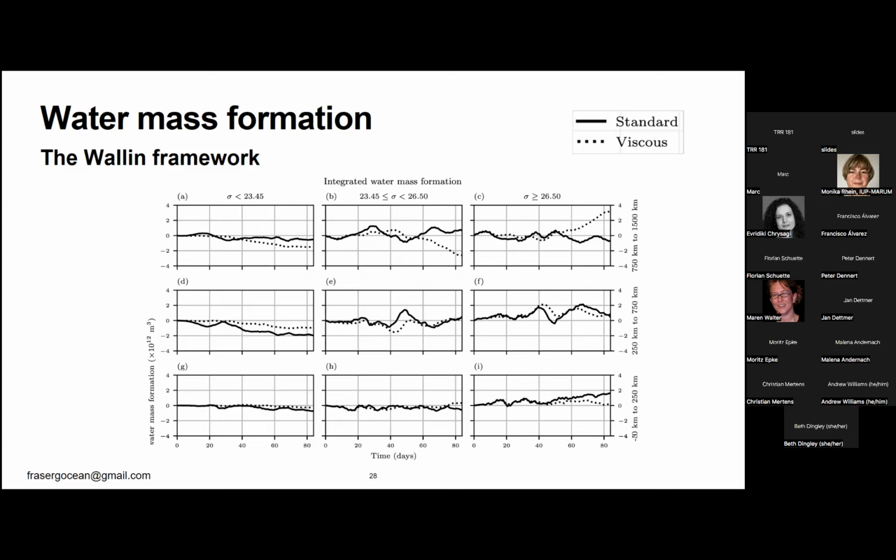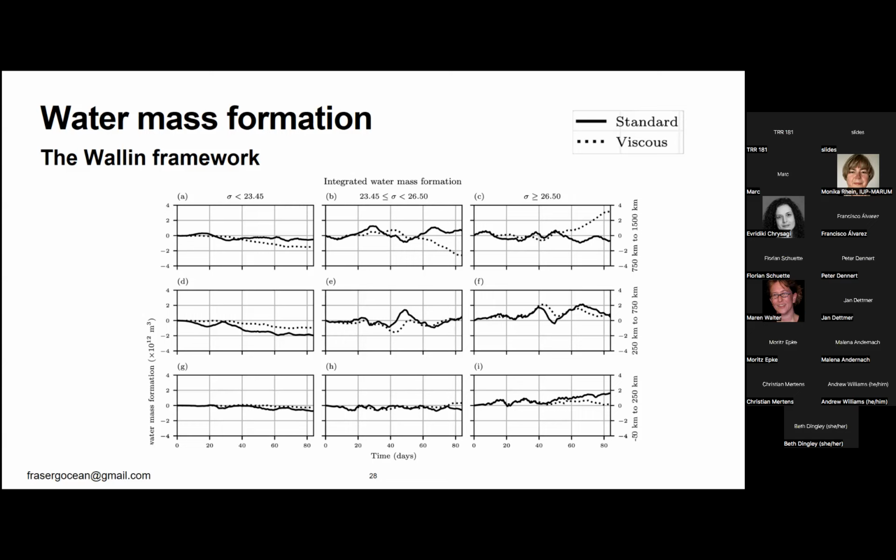Then each column corresponds to a different density class. Here we have a surface density class, an intermediate water density class, and finally a deep water density class. We have two model runs: a standard model shown by the solid line, and the dotted line shows a viscous control run, in which we've used the viscosity to suppress symmetric instability.